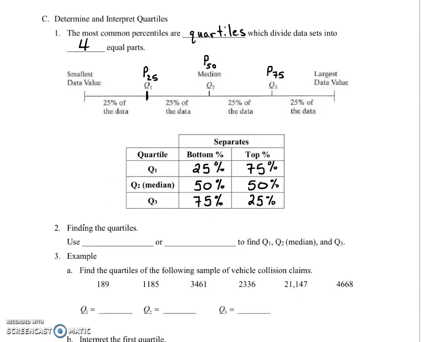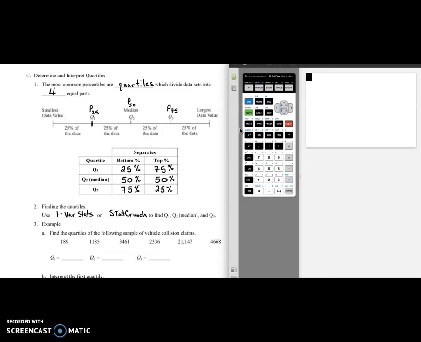So how do we actually find the quartiles? Well, we can use One-Var Stats in the calculator, or we can use StatCrunch. And so I've got the calculator pulled up now.